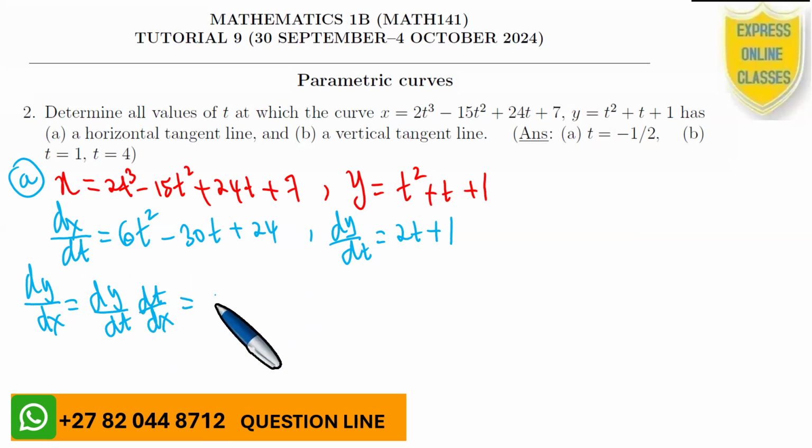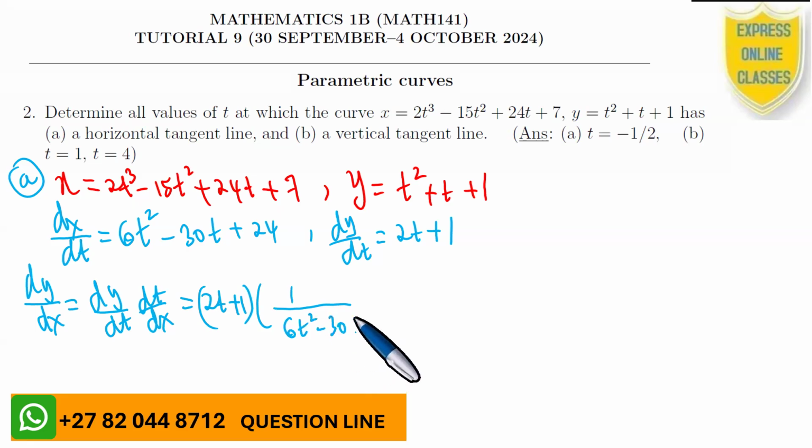What is dy dt? It is 2t plus 1, times dt dx, 1 divided by 6t squared minus 30t plus 24.